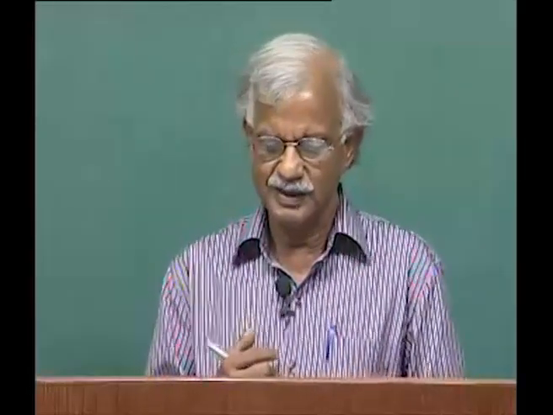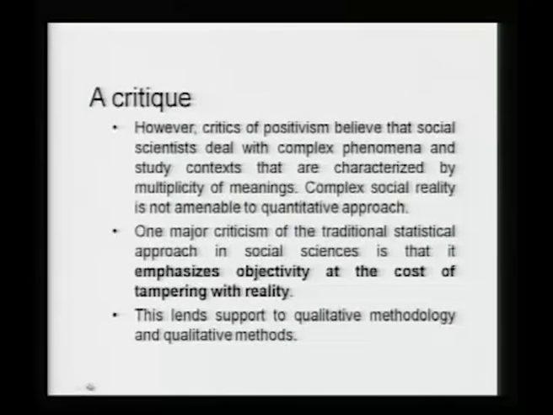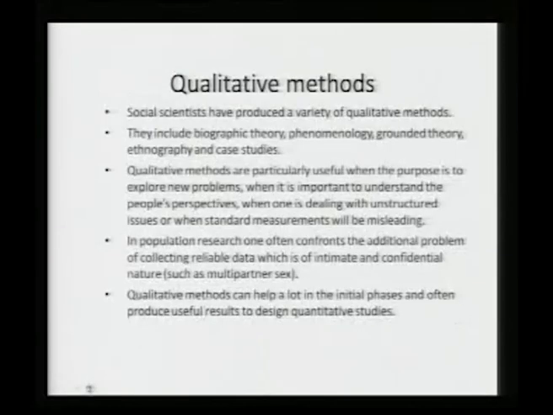In the same way, when you are studying social reality, you are also influencing social reality. This relationship between studying and influencing is more stressed by qualitative sociology. This lends support to qualitative methodology and qualitative methods.